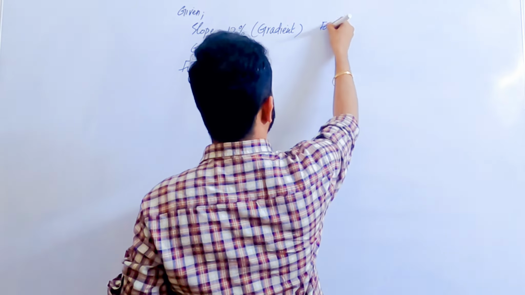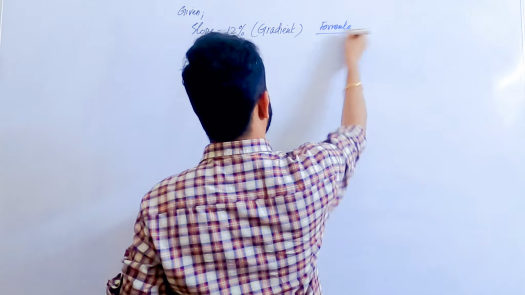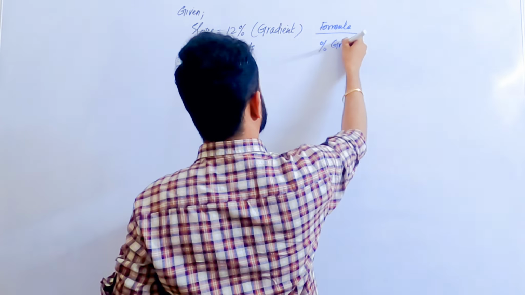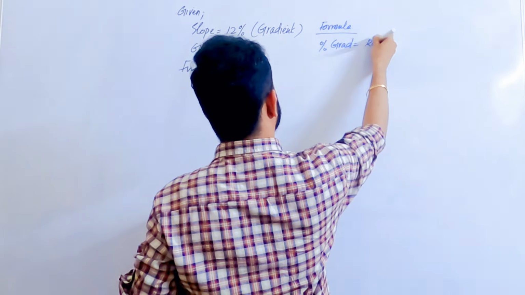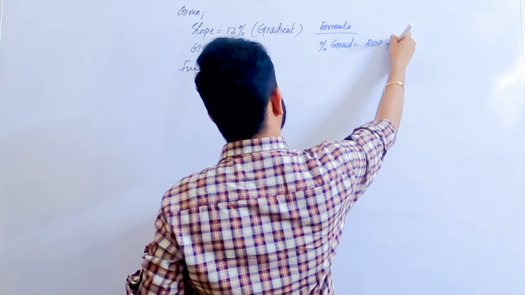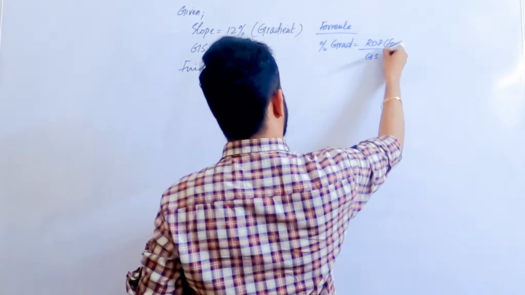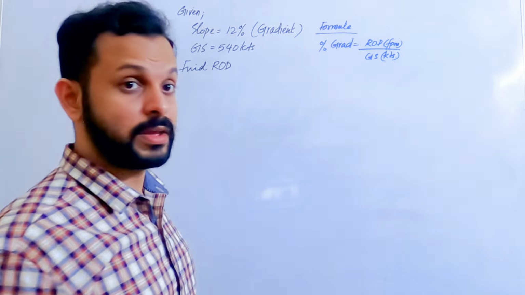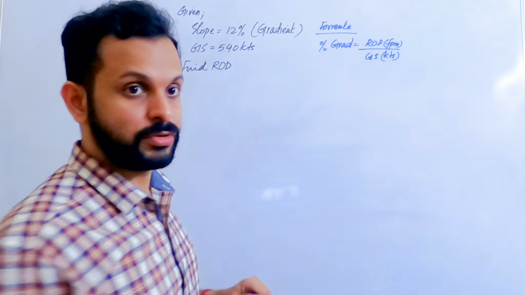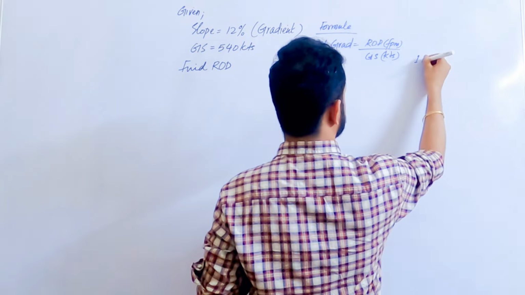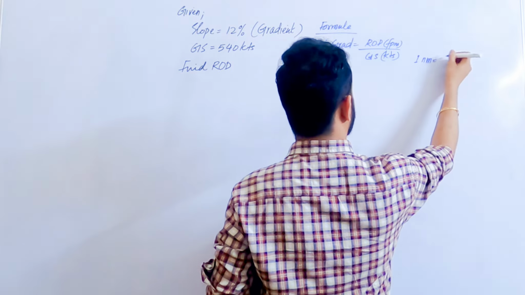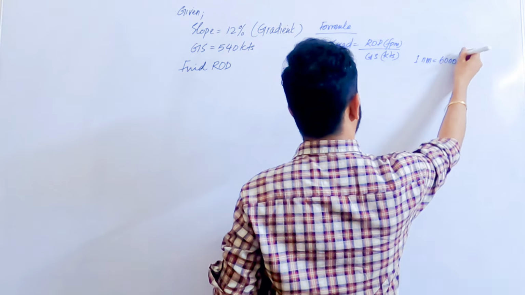Gradient in percentage is equal to ROD in feet per minute divided by ground speed in knots. No conversion, nothing, because you've already taken that approximation where 1 nautical mile is equal to 6,000 feet.